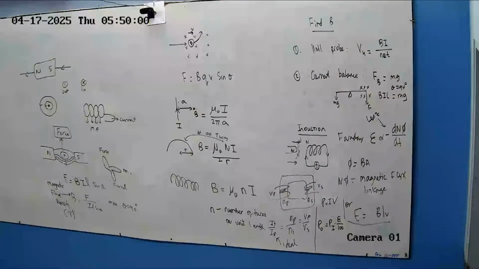Draw a fully labeled diagram to illustrate the direction of the force acting on a straight conductor of length L carrying current I at theta to the uniform magnetic field. What diagram is that? It's on the board. That's Fleming's left-hand rule, but which diagram is it? The one right here, B and I.